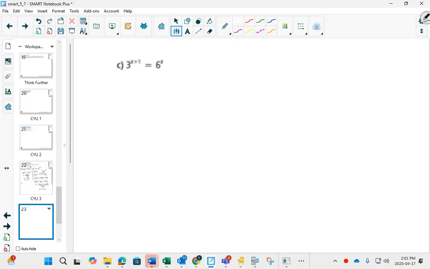So 3 and 6 are not on your same powers chart. You've got x as an exponent on both sides. We can't get any of those powers by themselves. So we're going to take the log of both sides. I'll use log because I know you guys like it better.